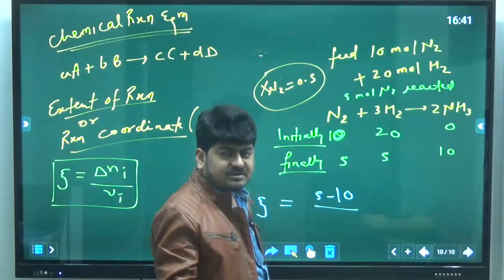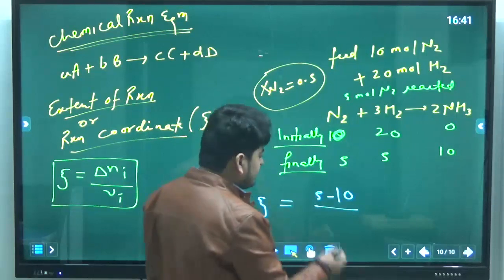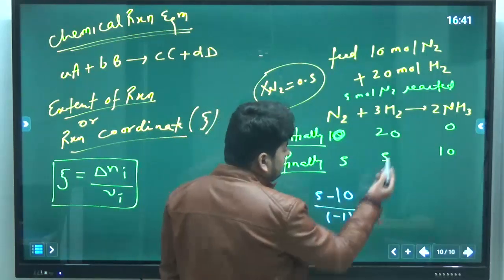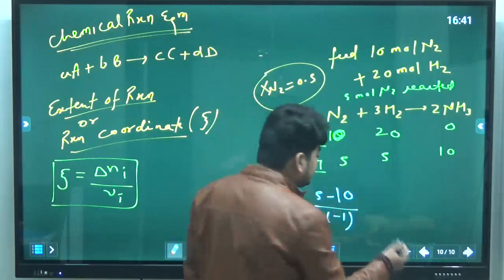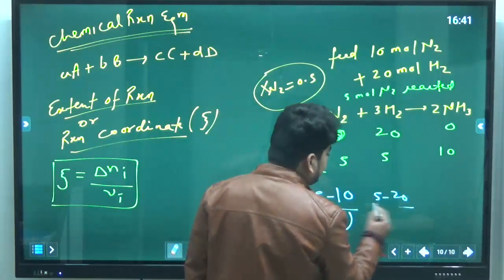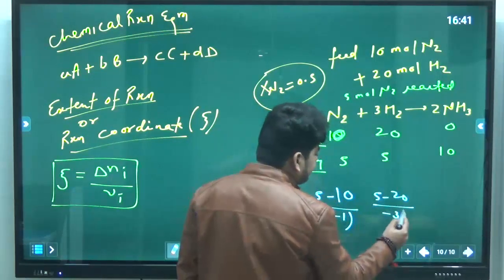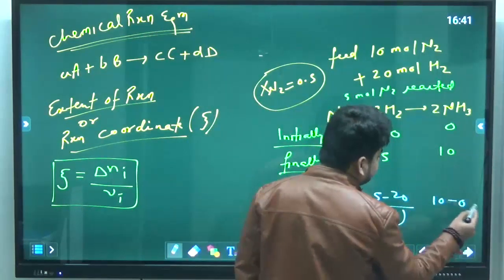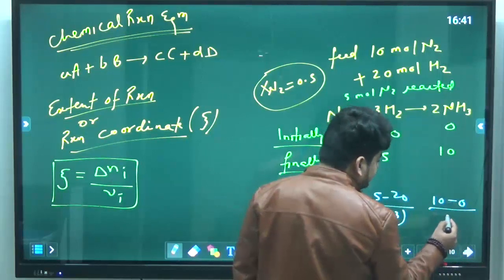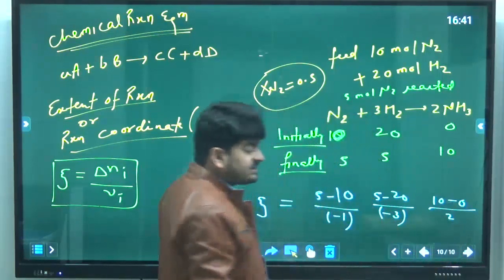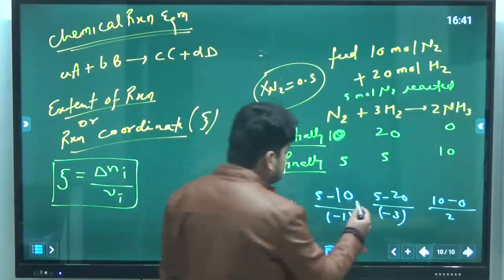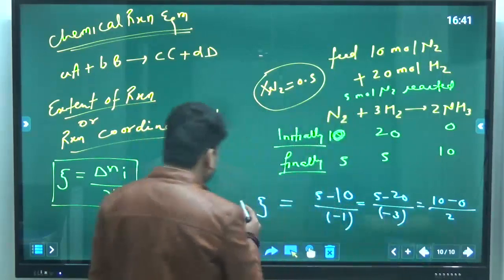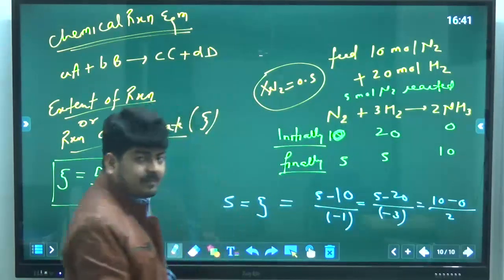I hope you know that for reactants stoichiometric coefficients are negative, for products they are positive. So it will be minus 1. For hydrogen, final minus initial, 5 minus 20 over minus 3. Similarly for ammonia, final minus initial over the stoichiometric coefficient, that is 2. And you can see in all these cases, this value is 5.